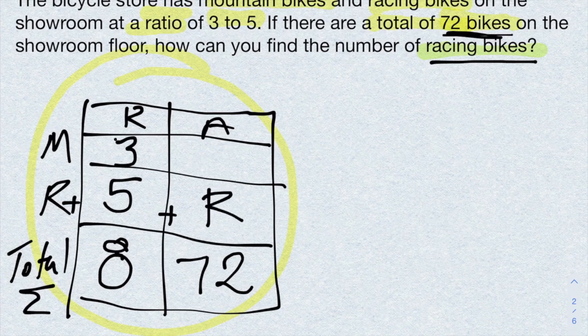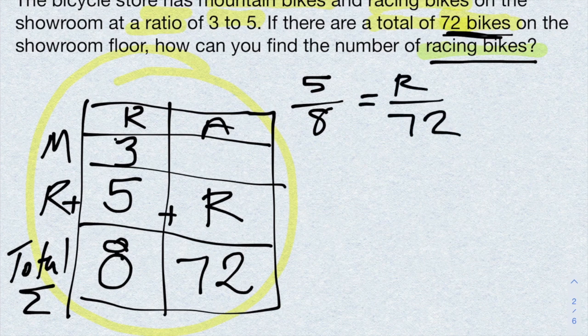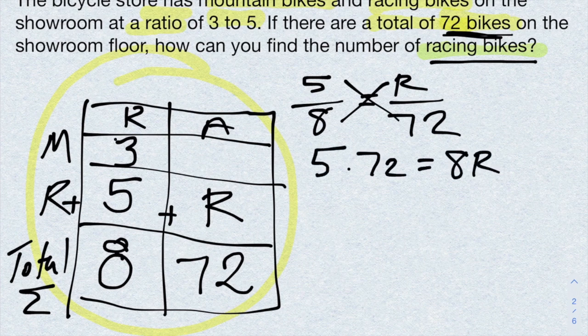And I'm only going to look at the bottom two sets of numbers. From that, I'm going to do my fractions, cross multiply, and then I get 5 times 72 equals 8R.